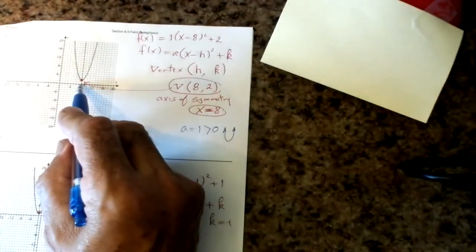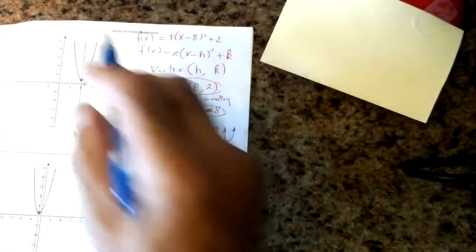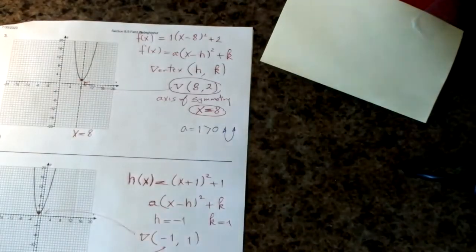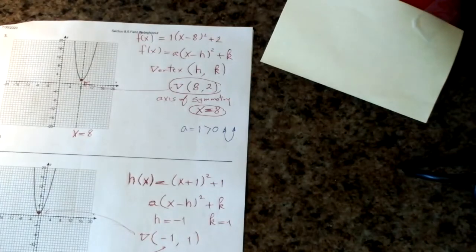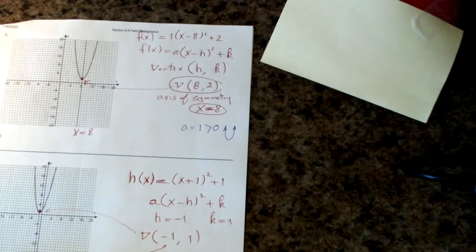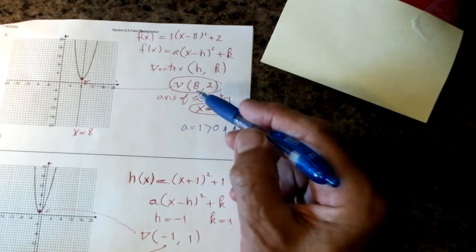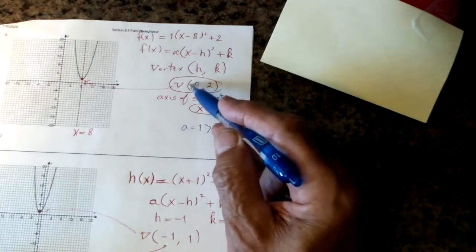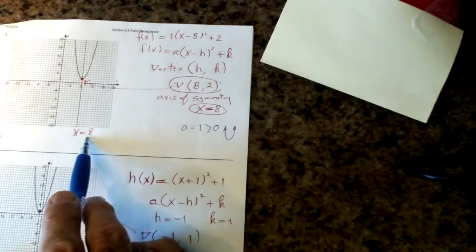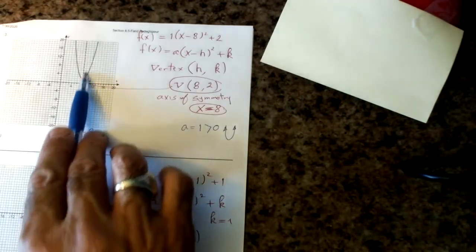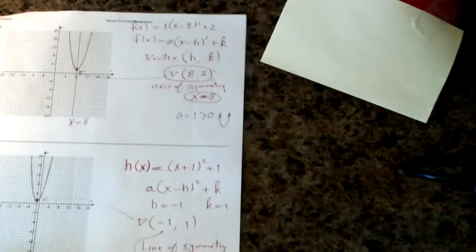So from the vertex, you have to graph that. And remember, this x is also the equation of the line of symmetry, which splits the parabola into 2 equal pieces.